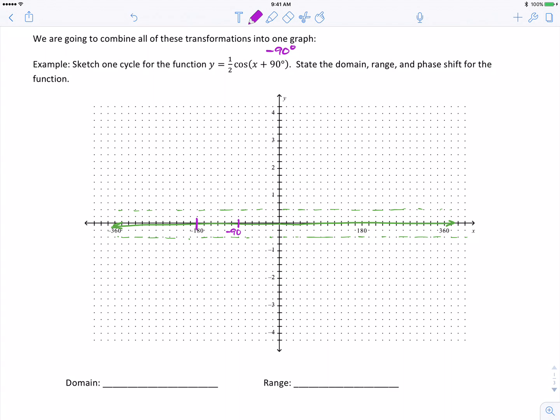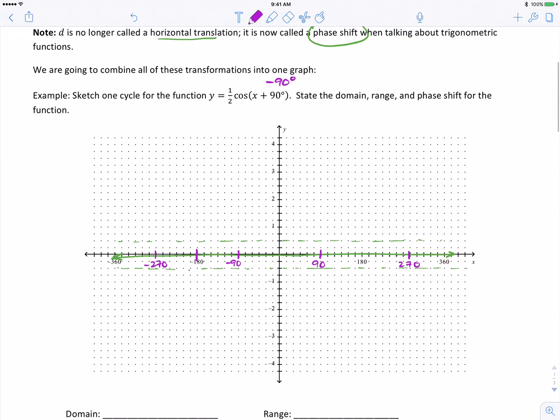So negative 90, 1, 2, 3, 4, 5, 6, positive 90, and we'll fill in the 270 as well on each side, 6 ticks away from the 90. So just recall here that 1 tick is 15 degrees, which means 6 ticks are equal to 90 degrees. So that's just for your reference.